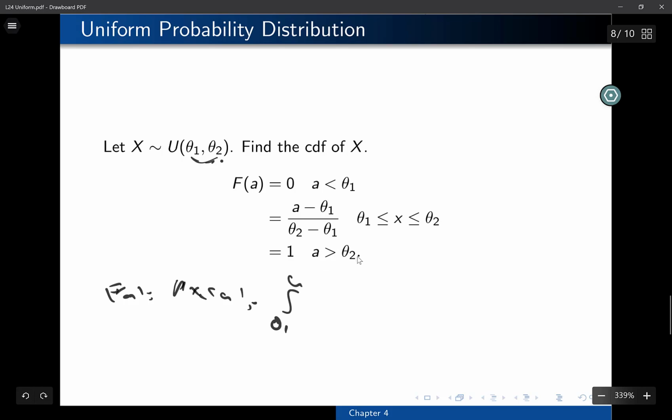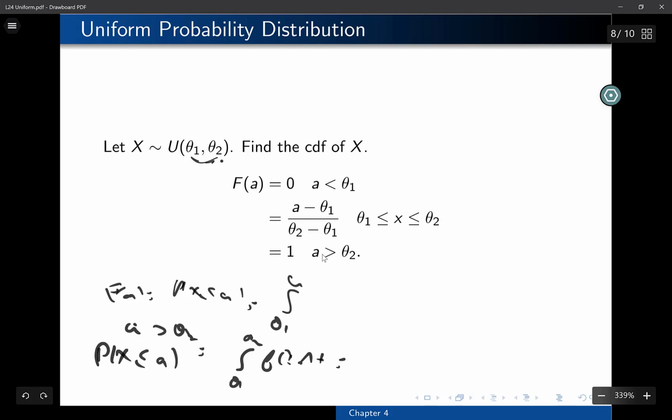So basically, you will solve this expression or simplify it to get this form. And for a greater than theta 2, because theta 2 is the maximum value it takes, the probability that x is less than or equal to a is just the integral from theta 1 to theta 2 of f of t dt.